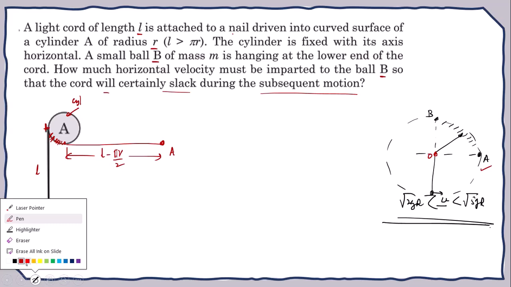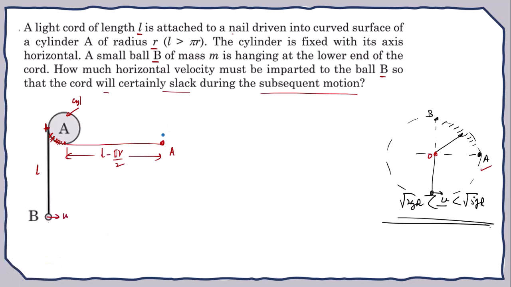Similarly, if I move it further, then the particle will come to this position. Let us say this is the position where this much portion of the thread is attached to the cylinder. Now the ball will be over this position.